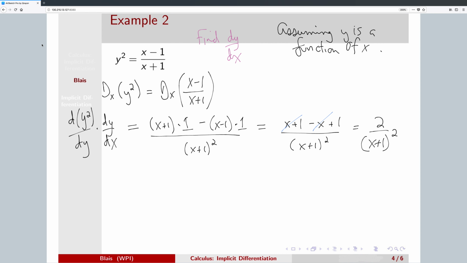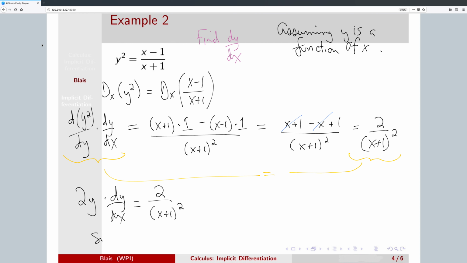And of course, what we now do is we concentrate on this left side of the equation and this right side of the equation. The derivative of y squared, that's a chain power rule problem, so that's 2y times dy/dx equals that right-hand side, 2 over quantity (x plus 1) squared.